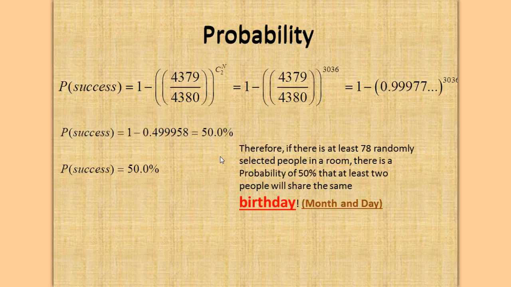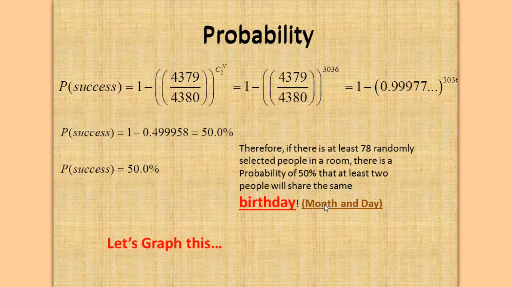So therefore, if there are at least 78 randomly selected people in a room, there's a probability of 50% that at least 2 people will share the same birthday. That means month and day. So you have to have at least 78 people to have a 50-50 chance that 2 people share the same month and day birthday.